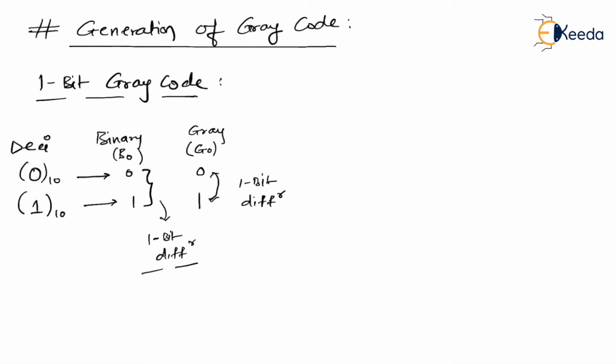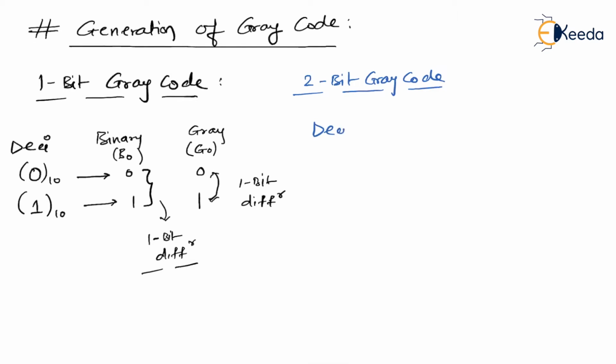How do I explain 2-bit gray code? Let's begin with 2-bit gray code. Since we have 2 bits, we have 4 possible combinations. With these 4 possible combinations, we get 4 digits of decimal.